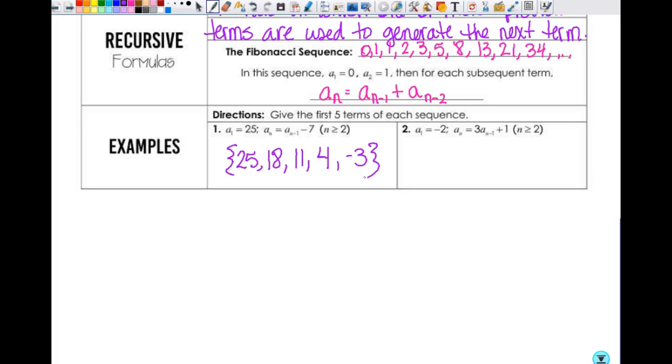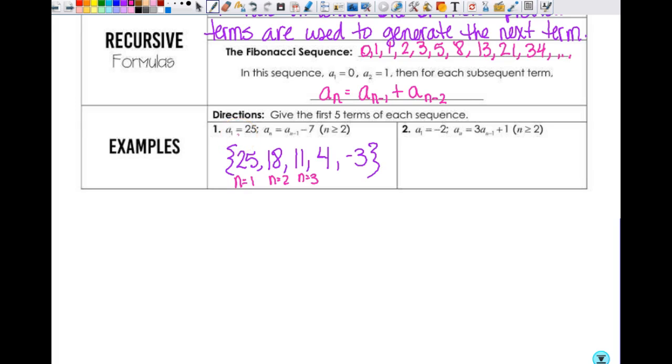That means this only works if I'm looking for n that's greater than or equal to 2. This is right here, n equals 1. n equals 2, n equals 3, right? Does that make sense? n equals 4. The n value is 1, 2, 3, 4, and 5. So I have one, they gave it to me.